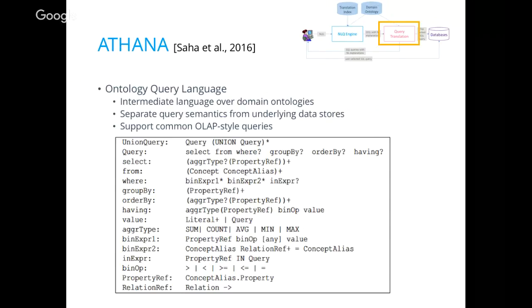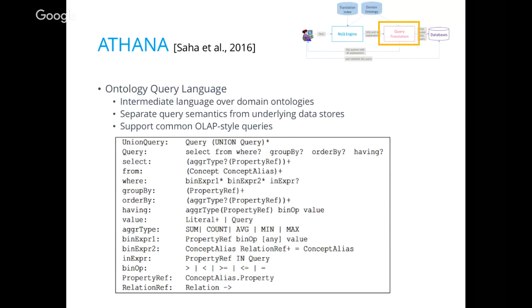Once we have the interpretation path tree, this system utilizes a deterministic algorithm to map that path tree into ontology query language. Ontology query language is an intermediate language. The underlying data store could be relational, it could be graph. That's going to be handled by the system that is supporting ontology query language.